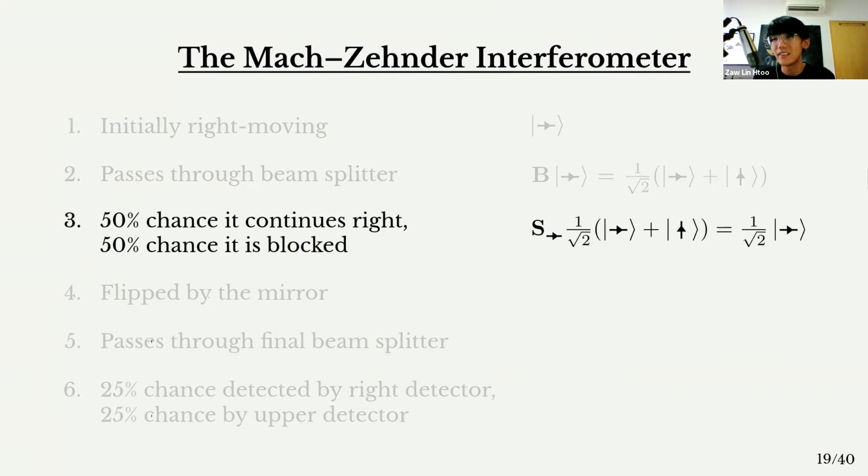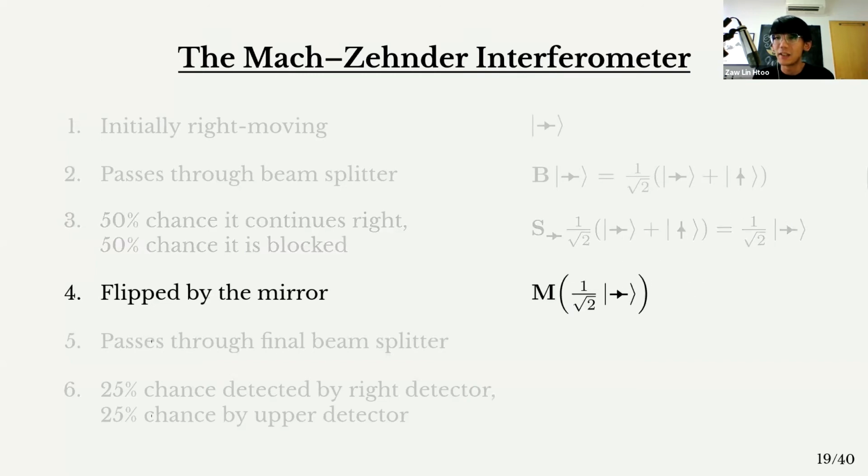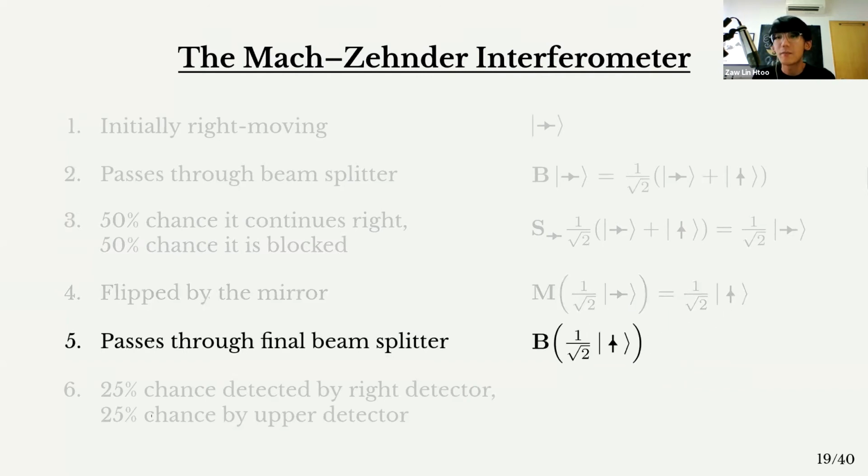So all that's left is the right-moving photon state. And then this gets reflected by a mirror, so the right becomes up, and it passes through a final beam splitter. And this just gives you another superposition. But notice that there's an extra factor that's carried over.